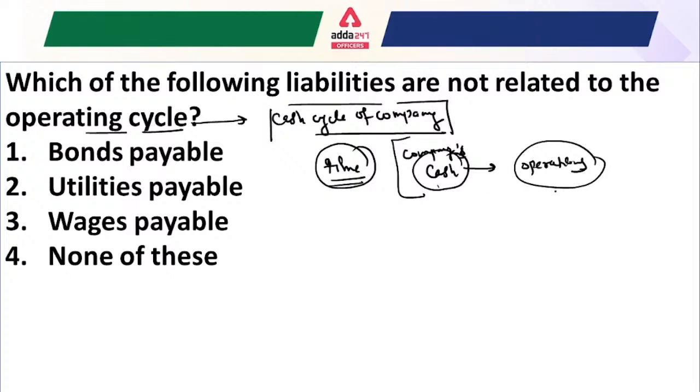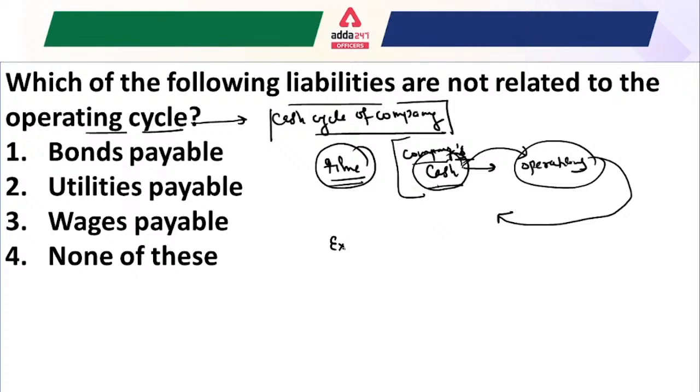Like it is a cycle. It is the time required for the company's cash to be put into its operations and then returned to its cash account. That is known as your operating cycle.